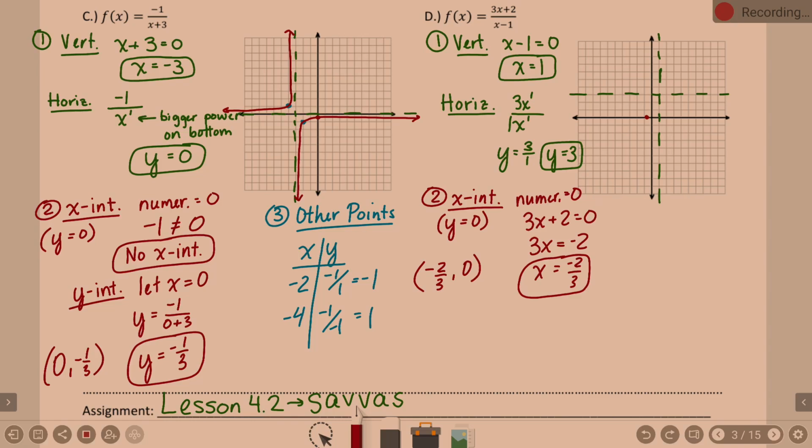Okay. We can check our y-intercept. Y-intercepts happen when x equals 0. So, what are we doing? 3 times 0 plus 2 over 0 minus 1. So we have y equals 2 over negative 1, or y equals negative 2.